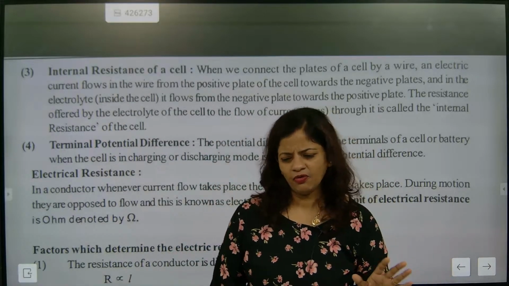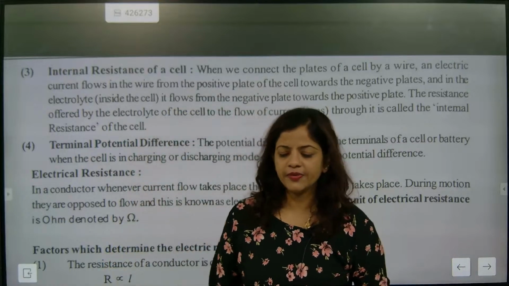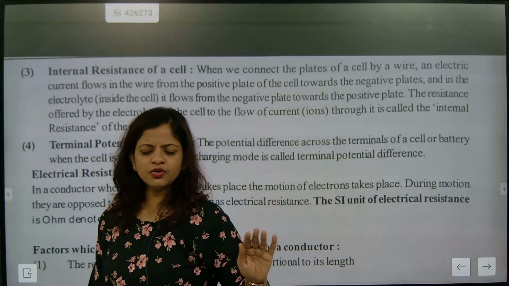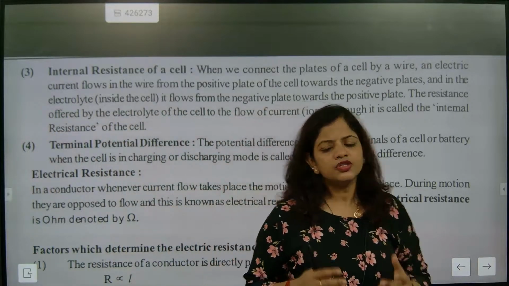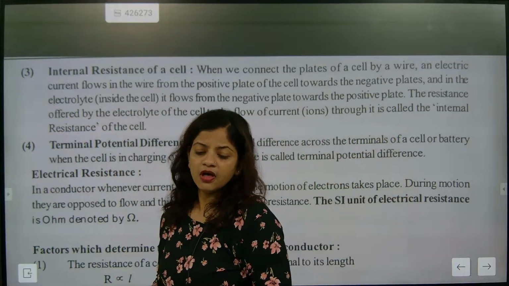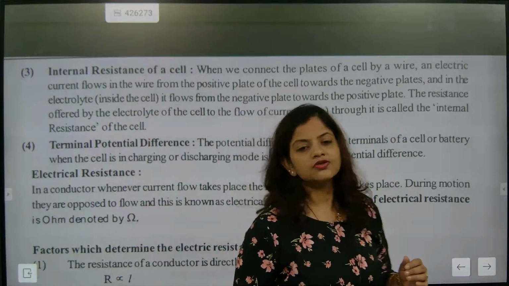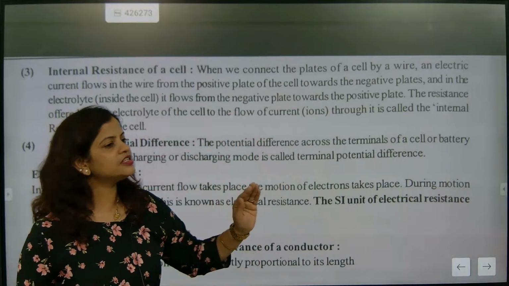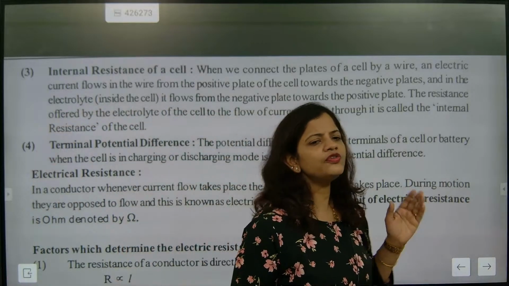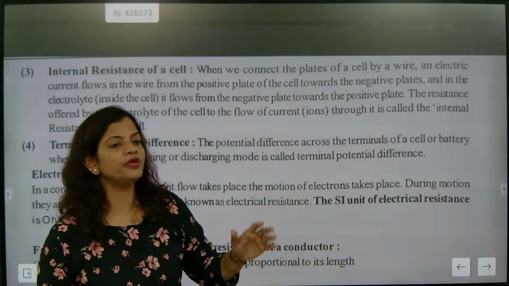Avoiding. Avoiding means I'm not allowing you to go to that place. So that is resistance. Resistance is avoiding. If somebody is trying to stop you, that is resistance.